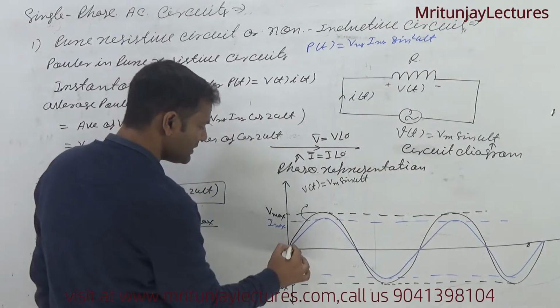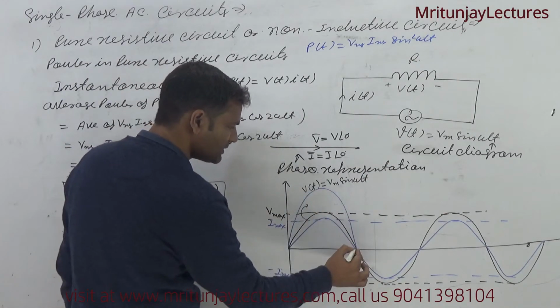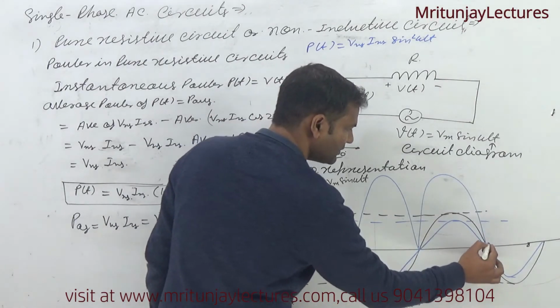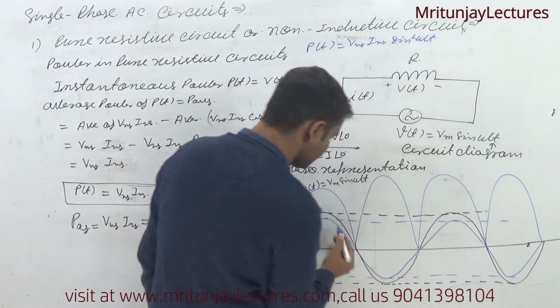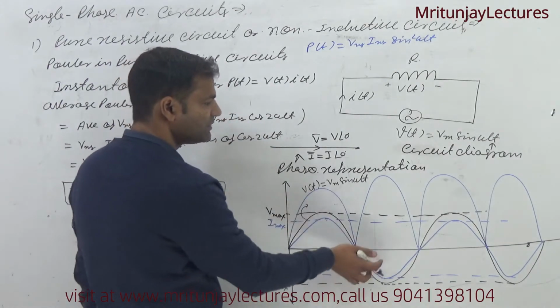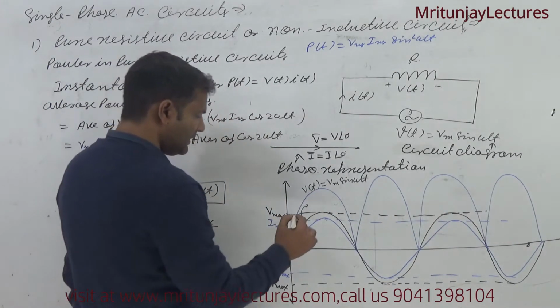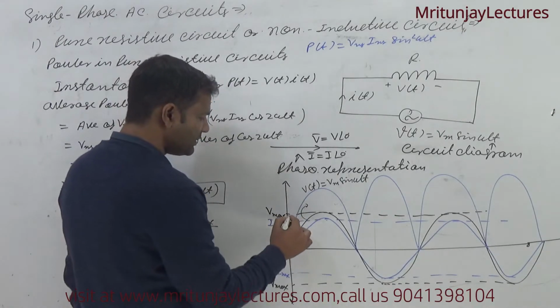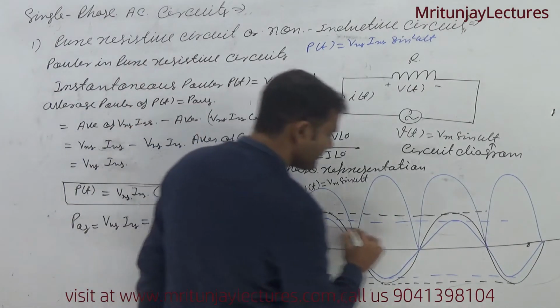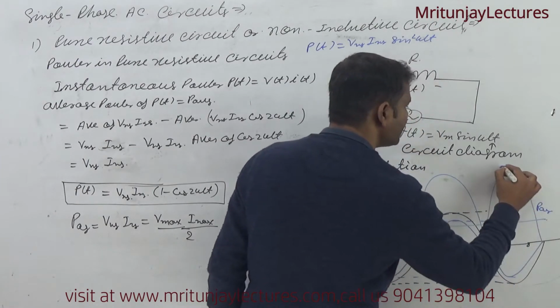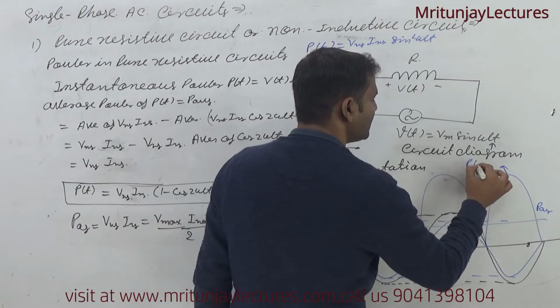Sin square is always positive, the multiplication of these two positive quantities. This is P average, and this one is Pt.